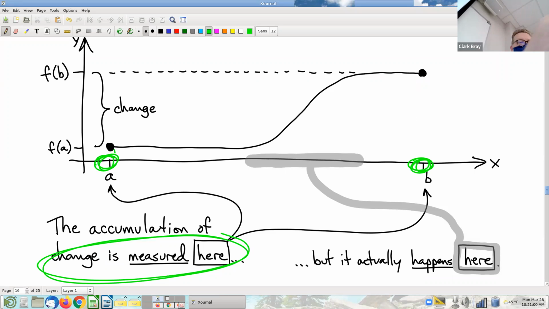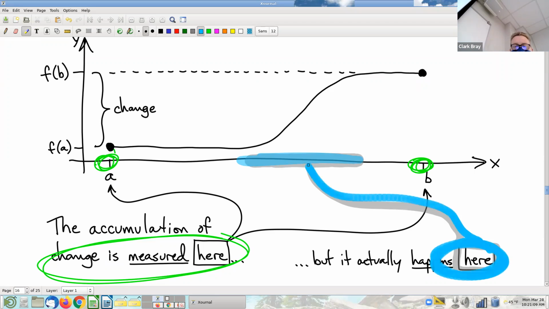But where did the change happen? It's not at all subtle for me to say, yeah, well, the function changed. The change actually happened there in the interior. Well, of course it did. I mean, that's how things change, slowly in process in the middle. Change is not something that happens on the boundary. It's just measured on the boundary.